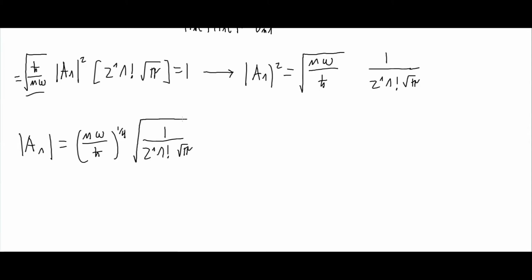But now we have the square root of all of this, and so this square root of pi can end up going under this fourth root here, and so what we end up with is m times omega over pi h bar to the fourth root times 1 over 2 to the n factorial, and that is the square root of that.